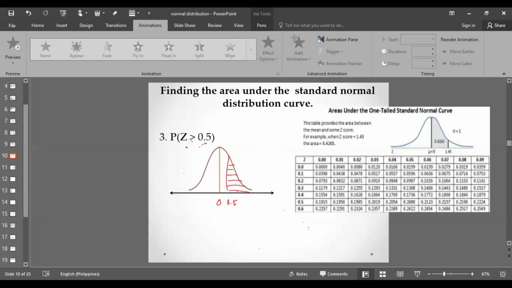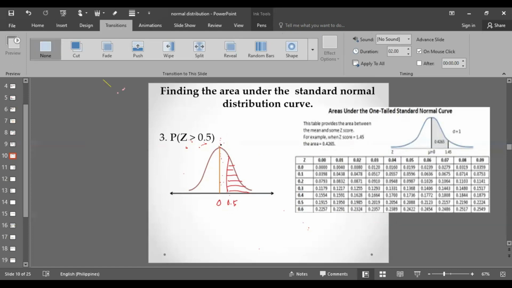If you can notice, the area of interest did not straddle the mean. So kung hindi nasagasaan yung mean, this time, we're going to use subtraction. How are we going to solve now for the area of this? Anong values ang isusubtract natin?